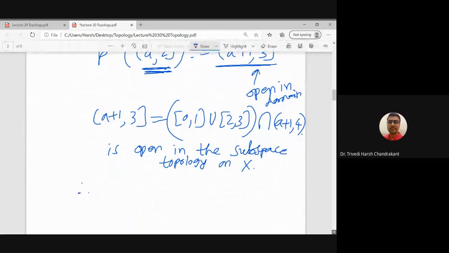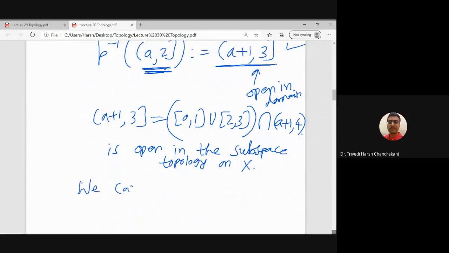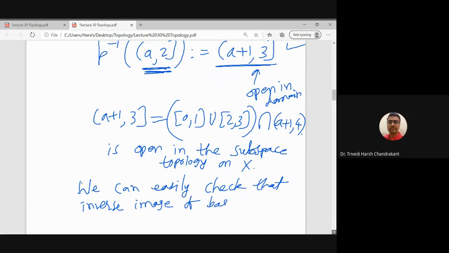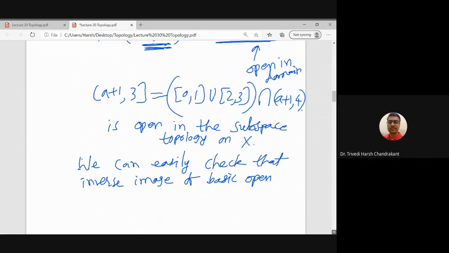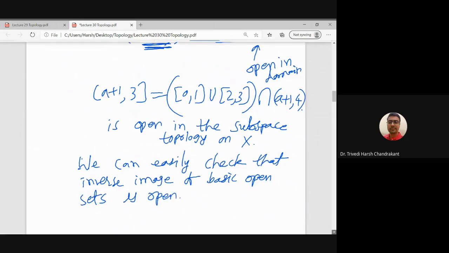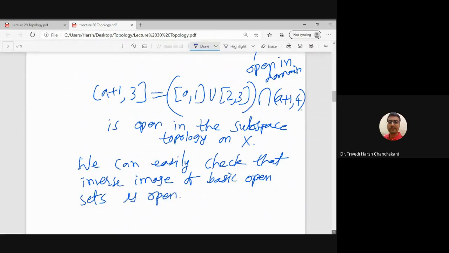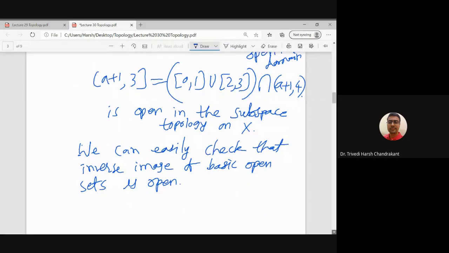So we can easily check that the inverse image of a basic open set is open, therefore P is continuous.